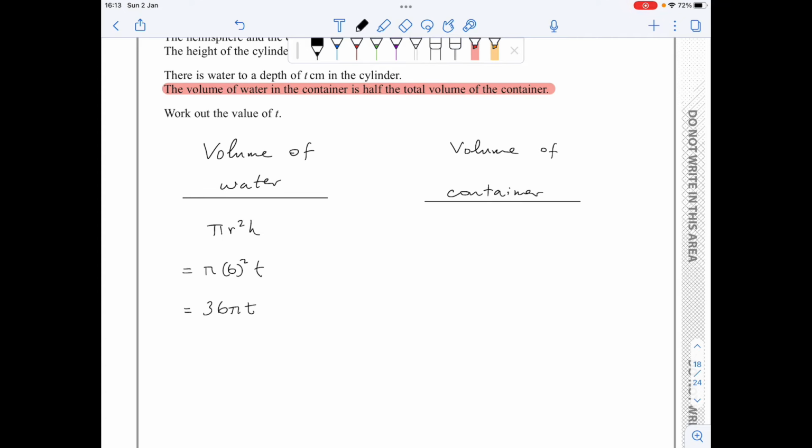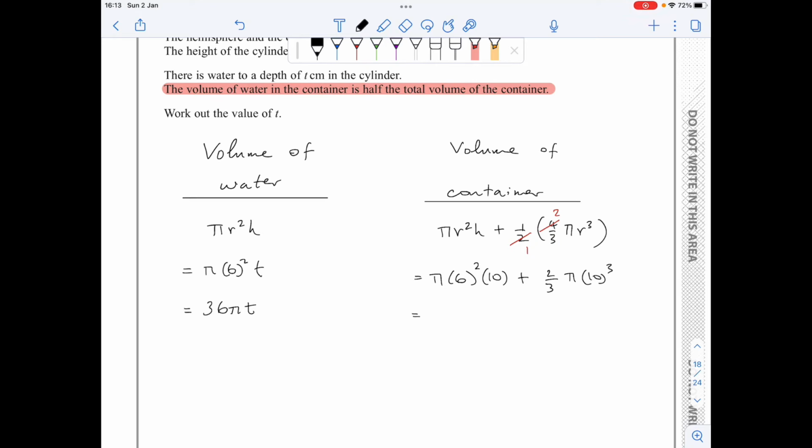The container is a cylinder and a hemisphere together, so I've got pi r squared h plus a half of 4 over 3 pi r cubed. Note I can cancel out the 2 with the 4. So pi 6 squared times 10 plus 2 over 3 pi times 10 to the power of 3.